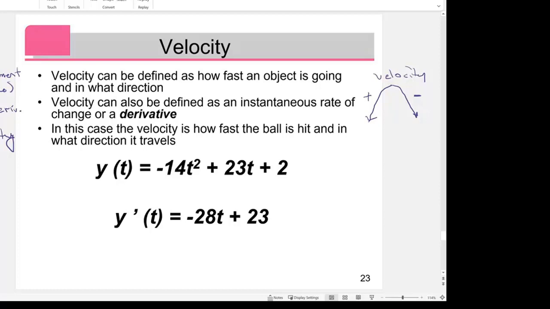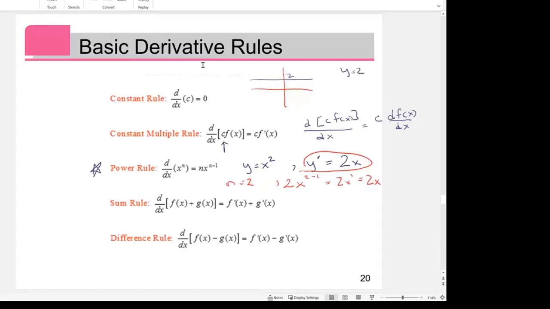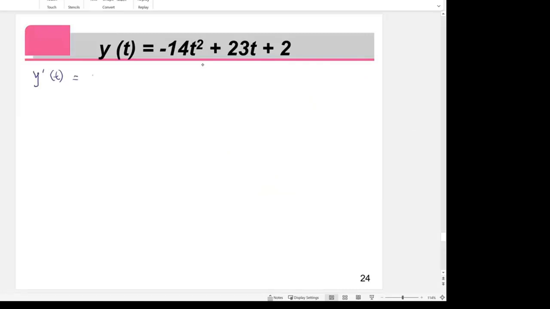When we take the derivative, let's use some of our derivative rules. So we want to take the derivative with respect to t of y of t. The first thing we're going to do is separate these using the sum and difference rule. I'm going to say this is minus 14t squared, and let's use the prime to say we're going to take the derivative of that plus the derivative of that plus the derivative of that.